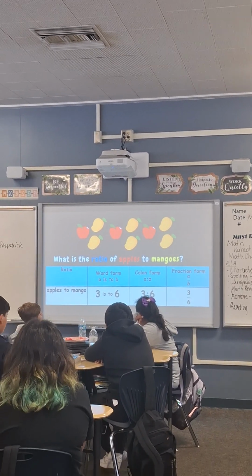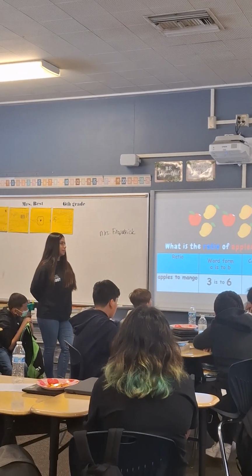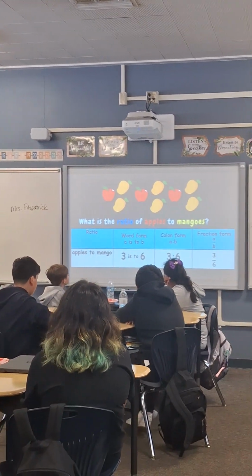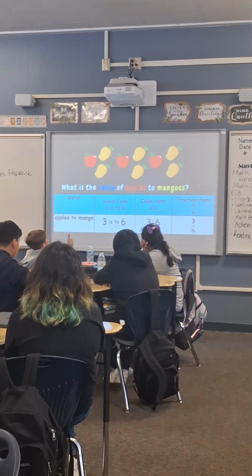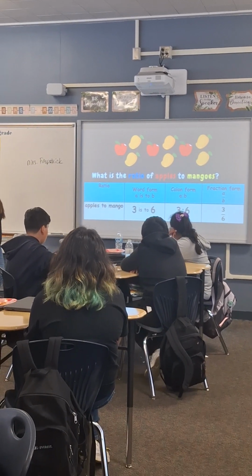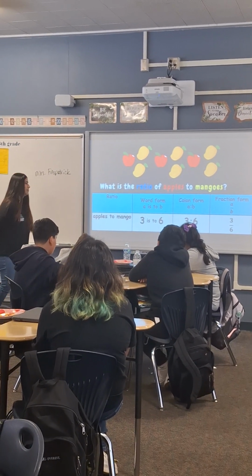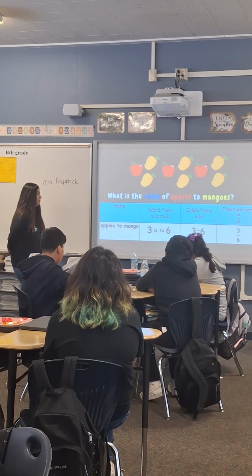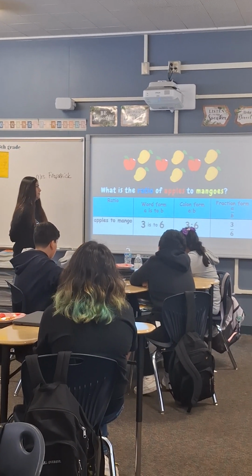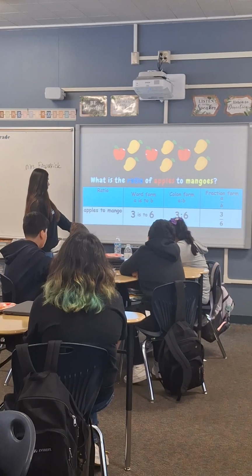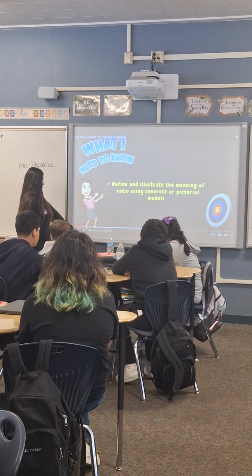This means that for every 3 apples, we have 6 mangoes. Remember, ratio is a comparison of 2 or more quantities, but we can only use the fraction form when we are only comparing 2 quantities. Wonderful!